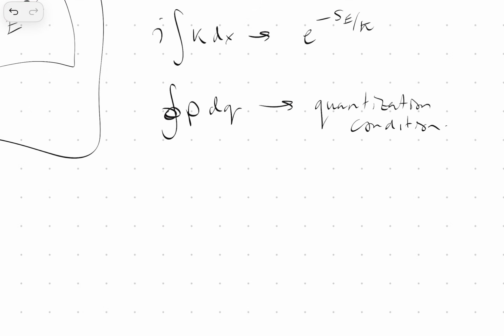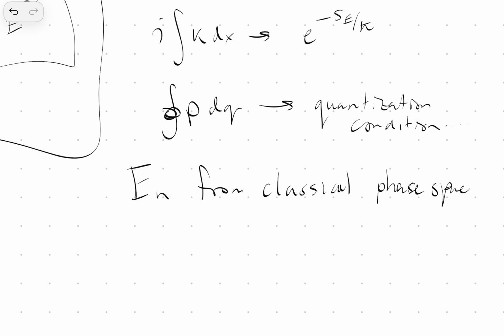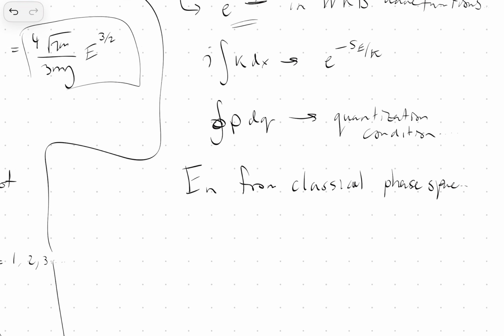But that selects discrete energies from the classical phase space area. All right, so it selects En from classical phase space. So that's really important to get right.